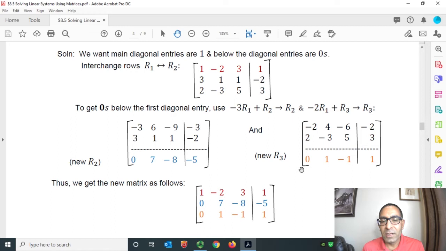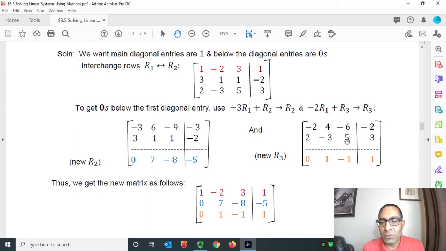Similarly, our new row 3 is here. We multiply row 1 by negative 2 and add to row 3, and we replace row 3 by that sum. Minus 2 times 1, minus 2. Minus 2 times minus 2, plus 4. Minus 2 times 3, minus 6. Minus 2 times 1, minus 2.